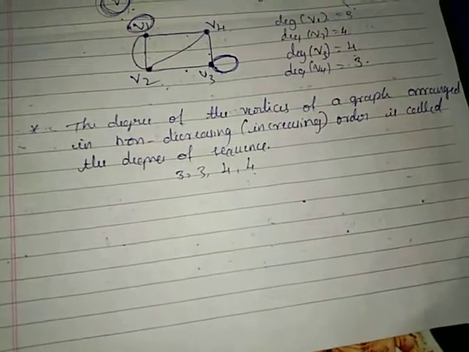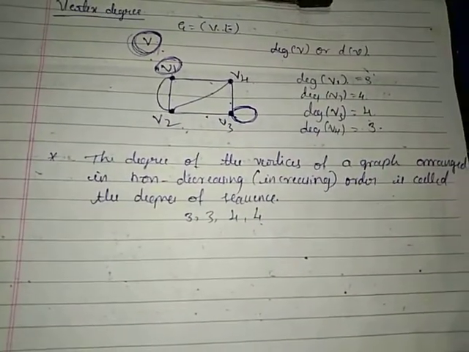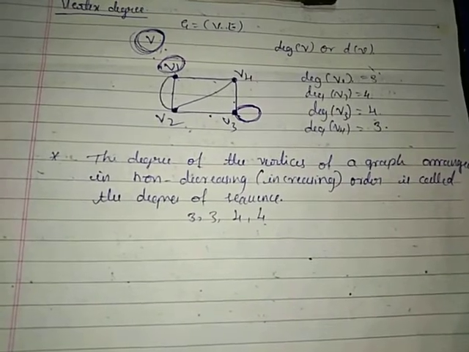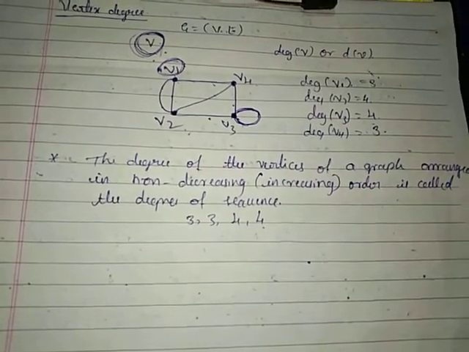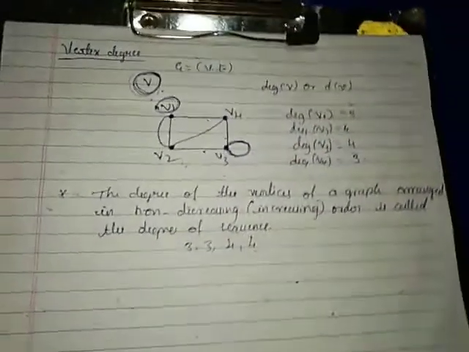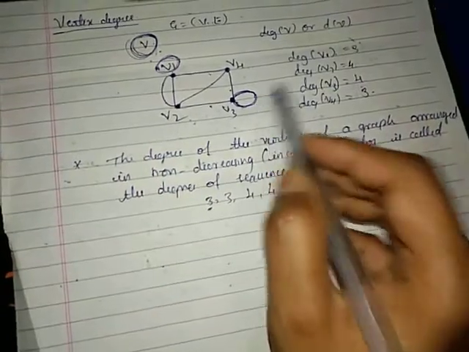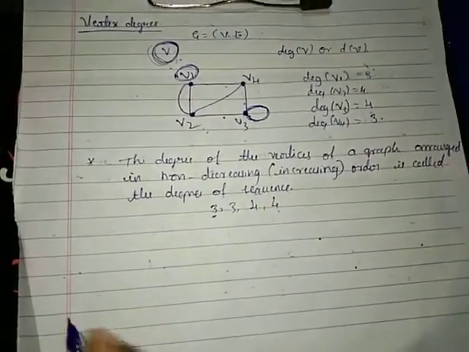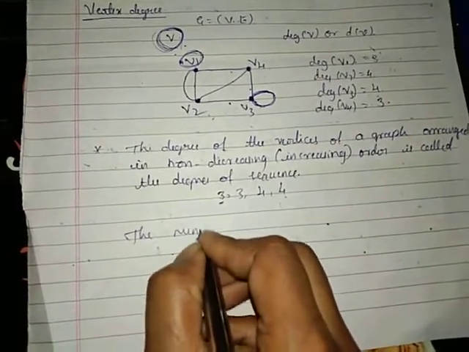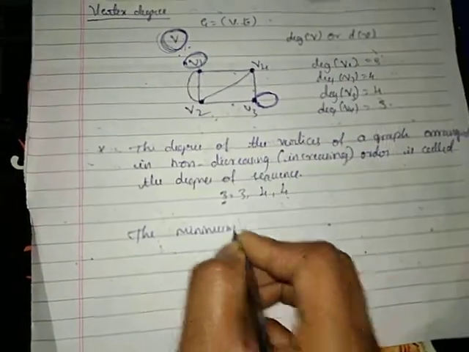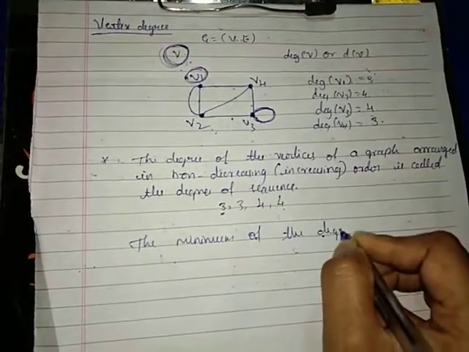And the next one is the degree of the graph. The degree of the graph means the minimum of the degrees of the vertices of a graph. The minimum value of the degrees of the vertices, that is 3 according to this graph, is called the degree of the graph.